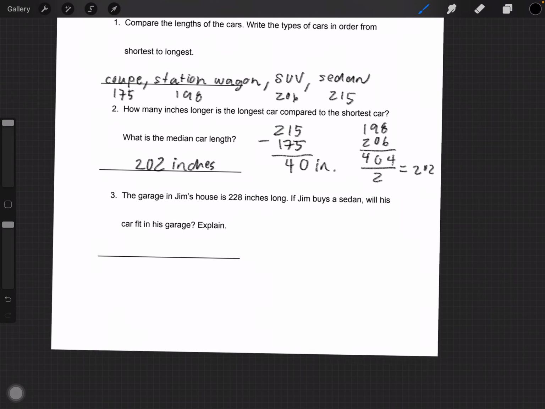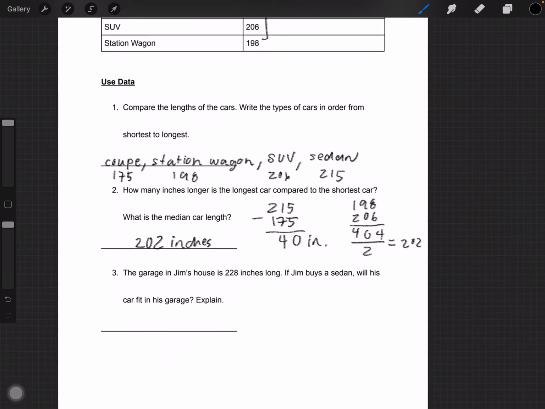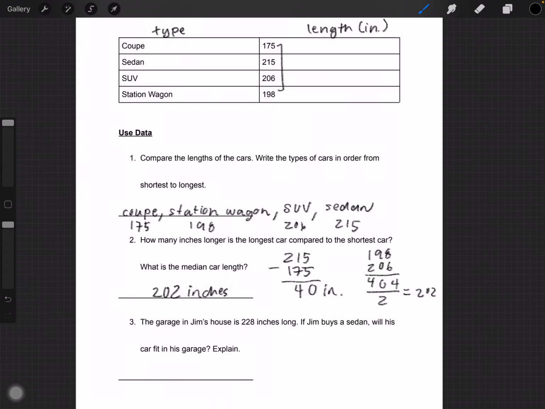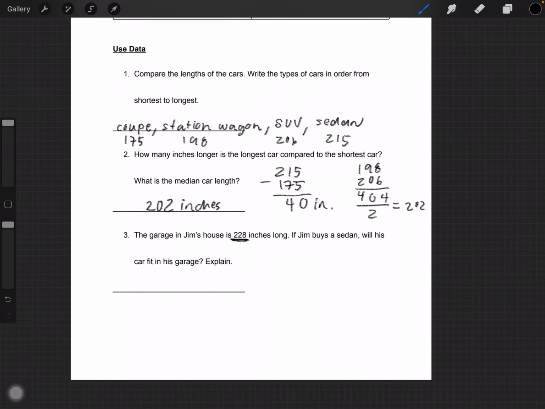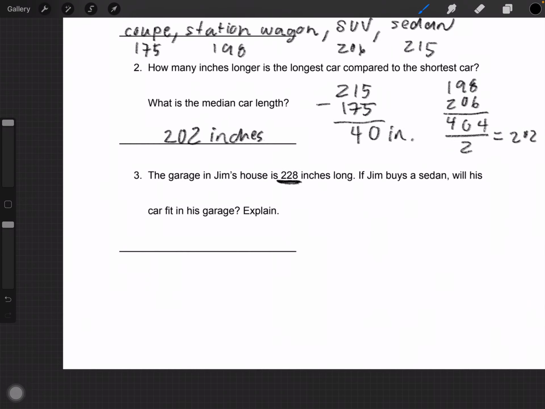This is the last question I'll do. Number 3 says the garage in Jim's house is 220 inches long. If Jim buys a sedan, will his car fit in his garage? A sedan, we know, is 215, and this one is 228, which is longer, which means his car will fit in.